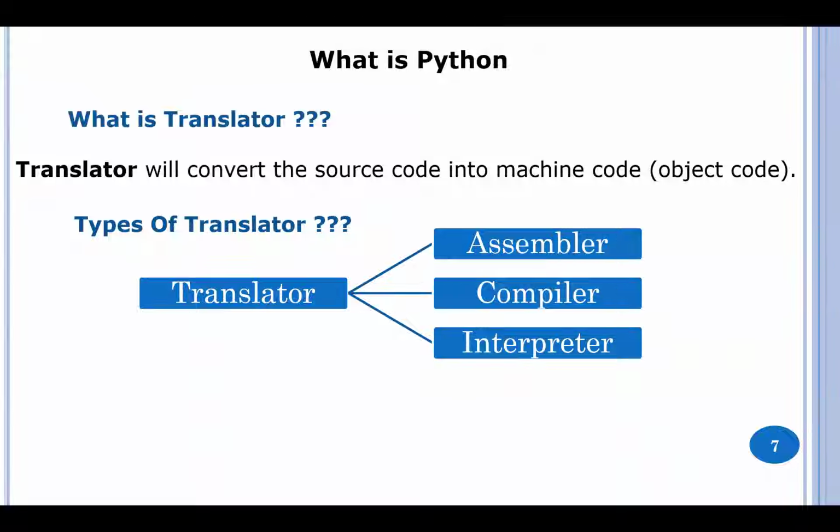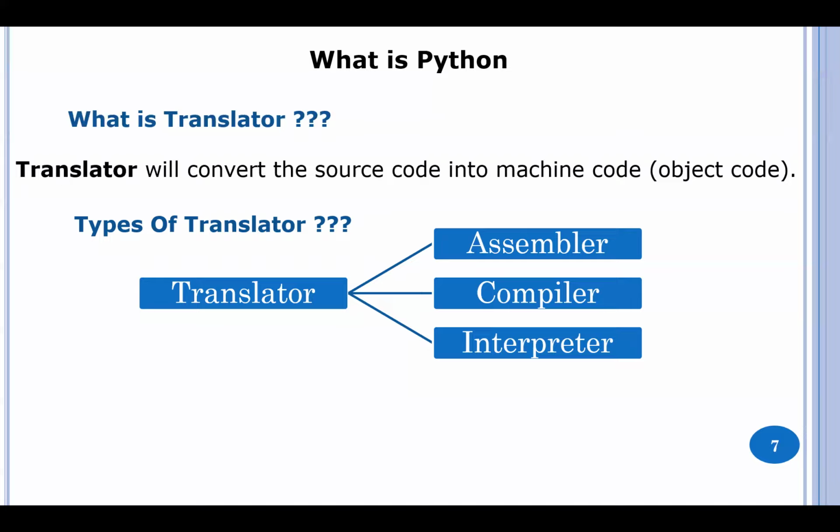Machine language. And what does the computer understand? Machine language, 01. So it is clear that in first generation or low level language we don't require any translator.